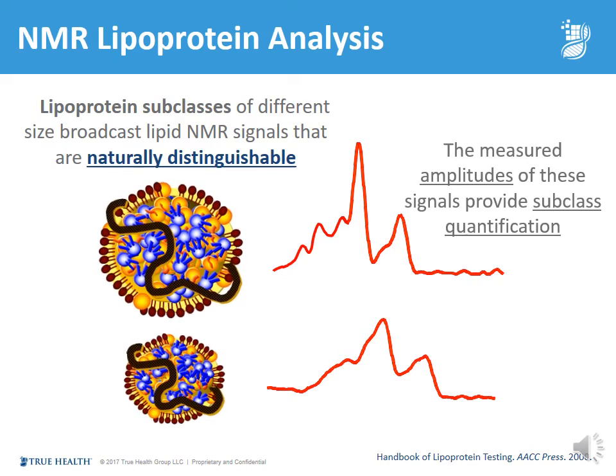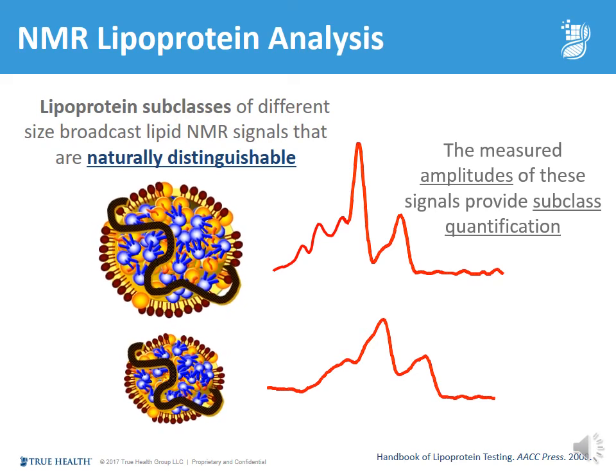Now at True Health Diagnostics, NMR is done using a second generation NMR spectrometer, which has much higher resolution power, and the magnet is 600 megahertz compared to 400 megahertz, which is used in the first generation of apparatus that perform this assay.